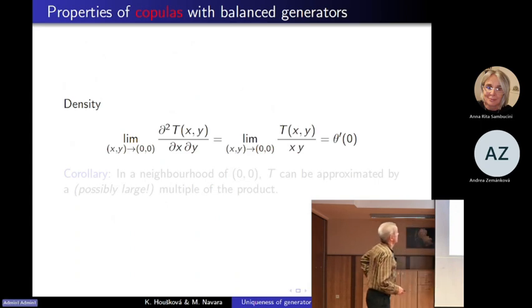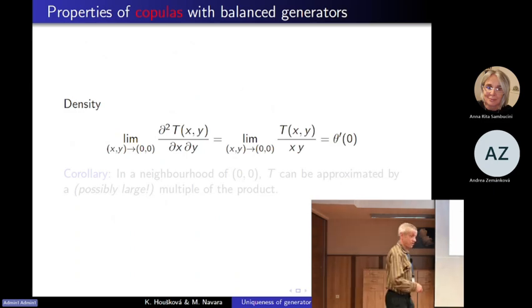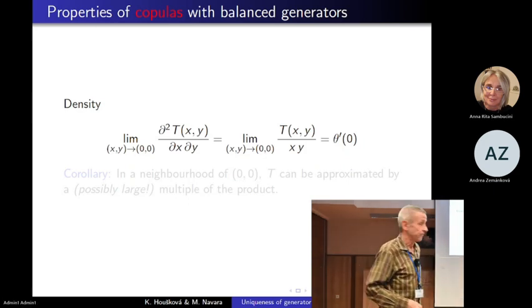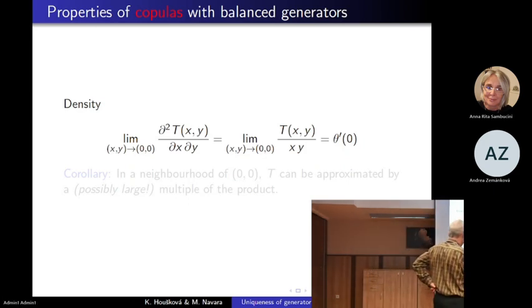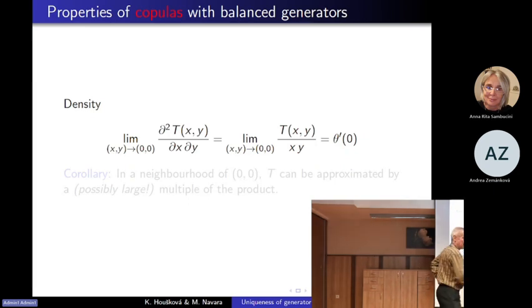And now something about copulas, associative copulas with balanced generators. We can compute the density near the origin. It's the second mixed derivative, its limit at the origin. Here, the derivative reduces to this formula. It's simply the proportion of the values of the T norm and the product T norm.